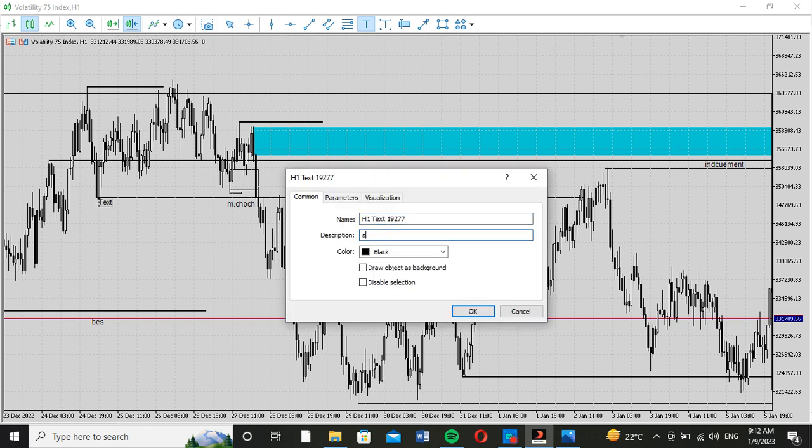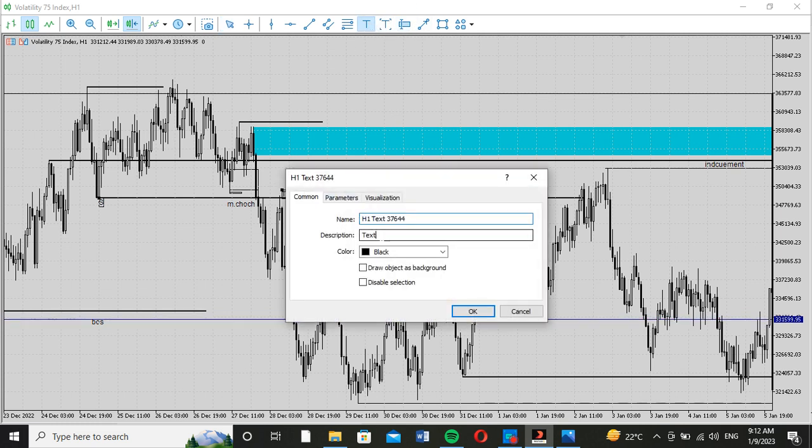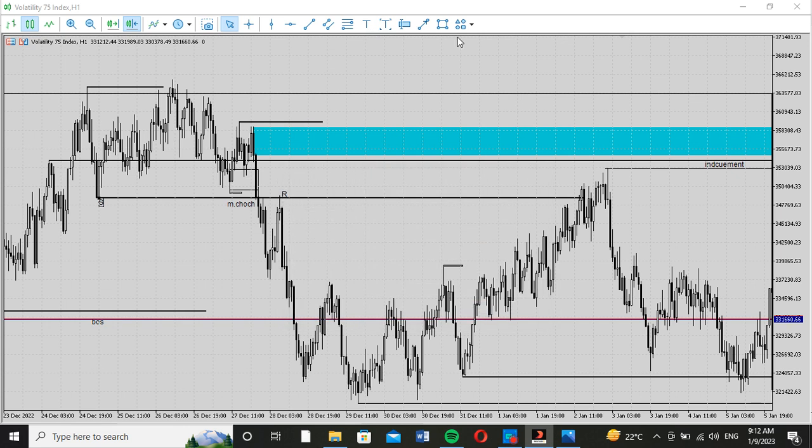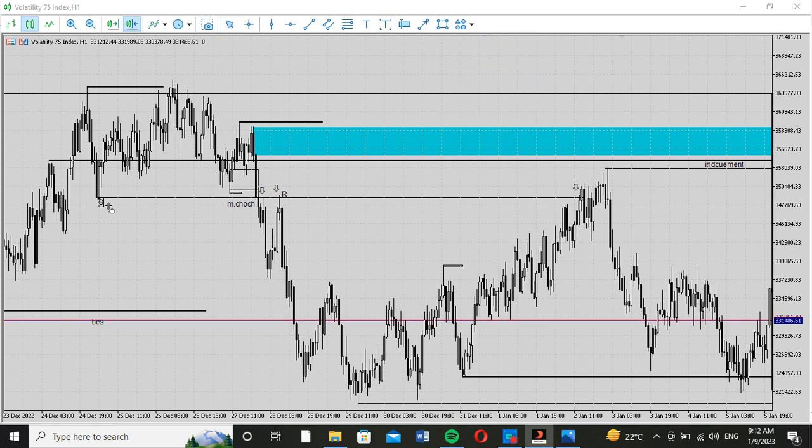So we have support right here, and then we also have resistance right here. So it's an extra confluence. Not every smart money trader knows about this, but I do trade that. Not every smart money trader trades this pattern, okay? So we have fake out zones and support and resistance flip right here.